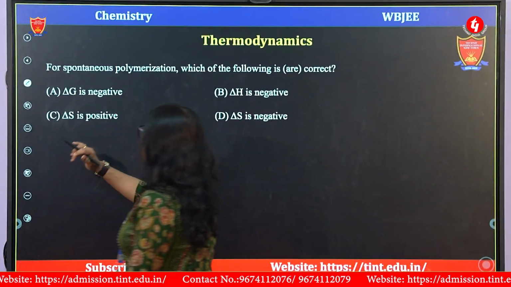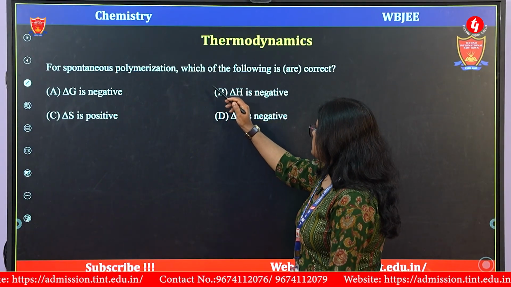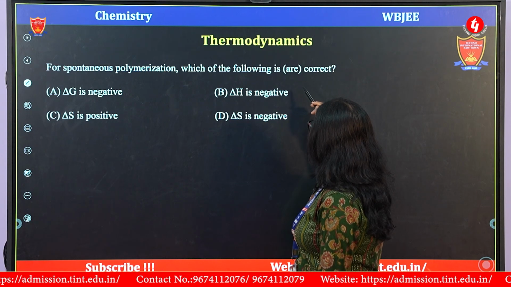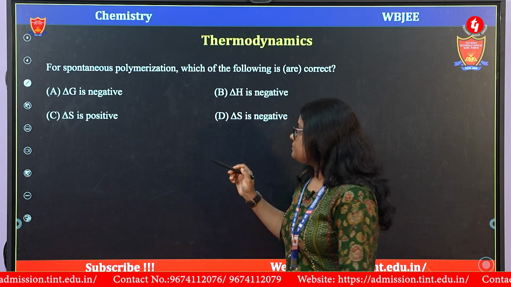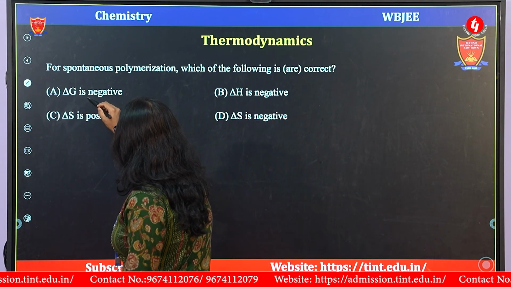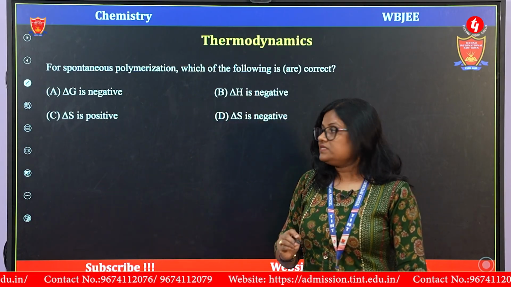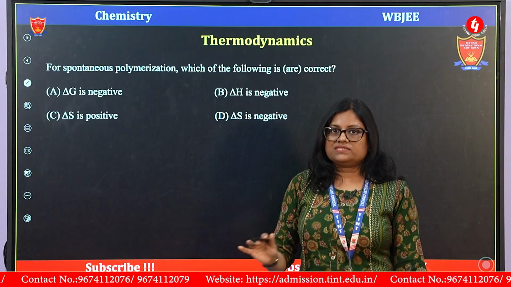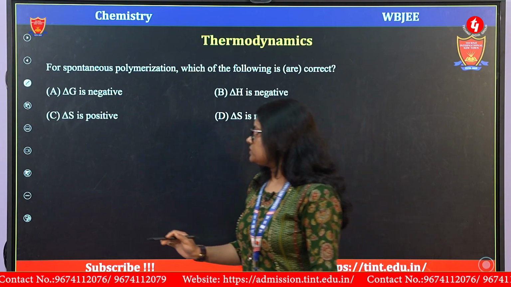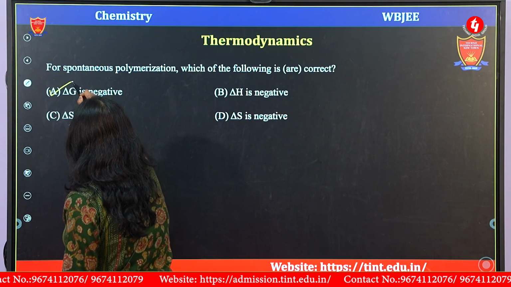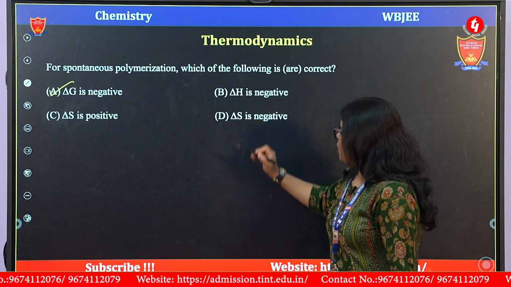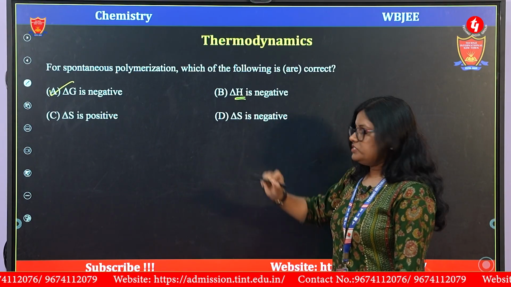Next question. For spontaneous polymerization, which of the following is or are correct? First one is delta G is negative. I have already told you that delta G is always negative for a spontaneous process. So, this one is correct. What about delta H?